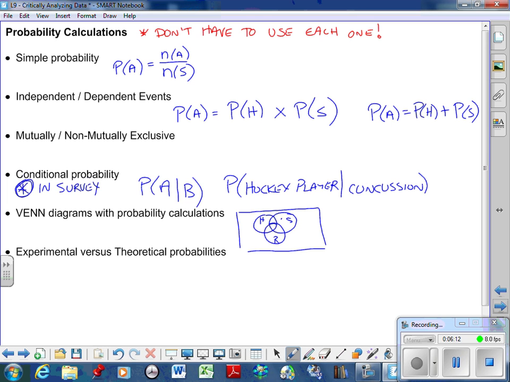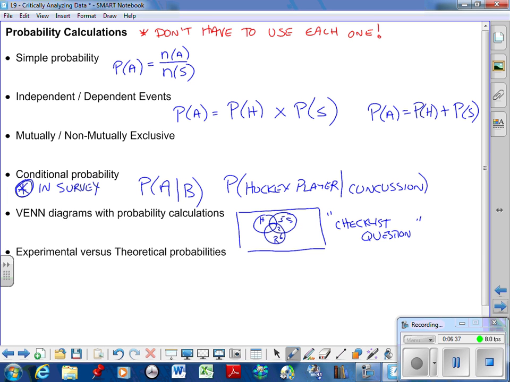You can fill this in with how many people played each one, and it's a nice way to display that data. Okay, you can break it into a Venn diagram, and probability calculations can come from that. So you're looking at your checklist question. All right, so that gives you kind of a heads up as to where that could come from.